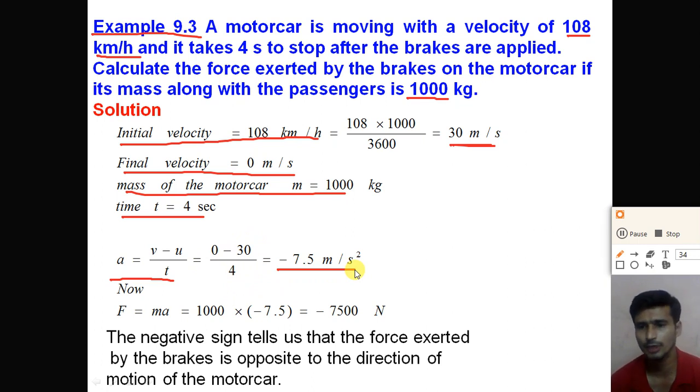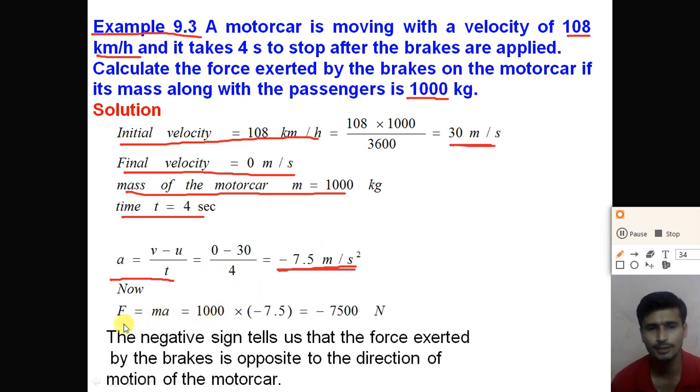Why? Because after applying the brake, the velocity of the car decreases to 0. When the velocity of the object decreases, the acceleration will be negative, right? So here we get the acceleration a is equal to minus 7.5 meter per second square.